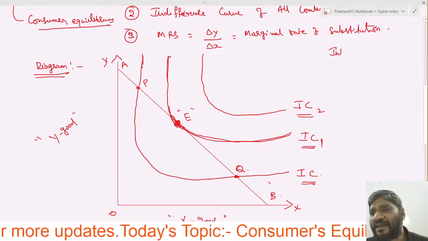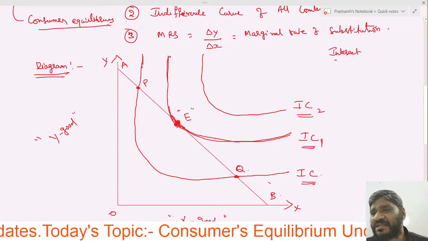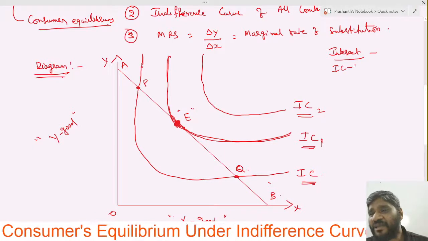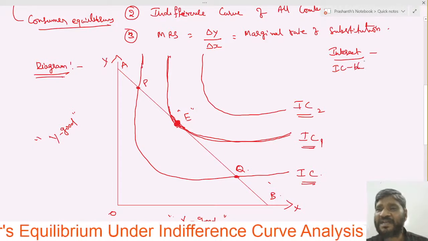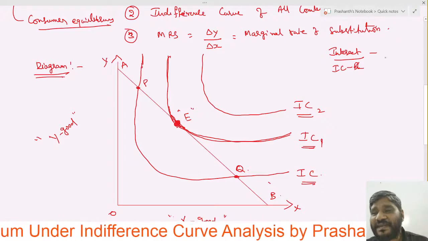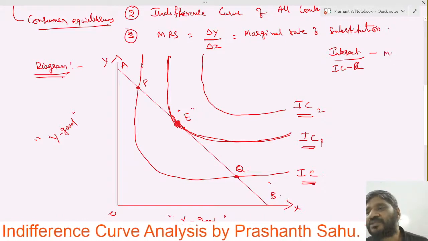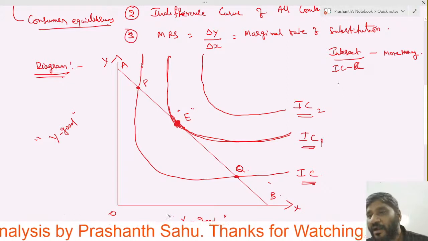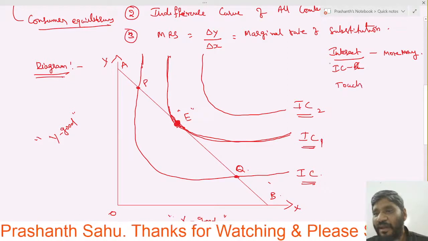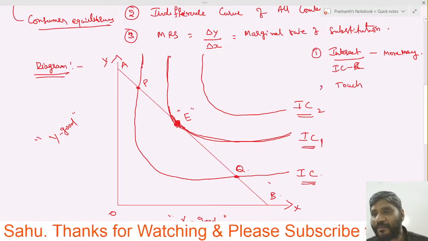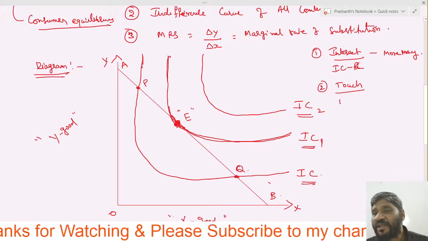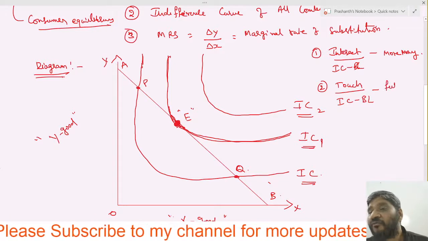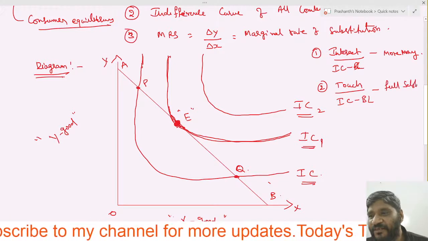Okay, intersect. Intersect means the IC curve is intersecting the budget line, which means more money. Number two, touch. Means the IC curve is touching the budget line, which means full satisfaction.